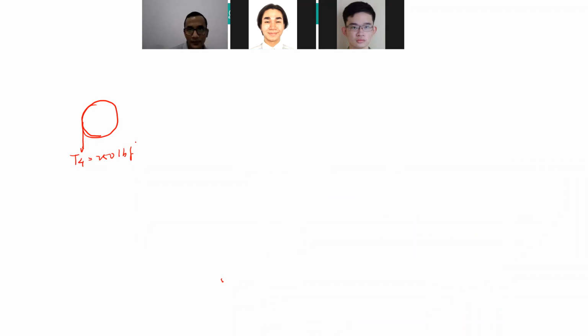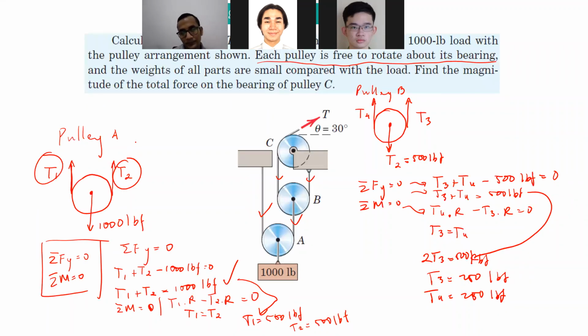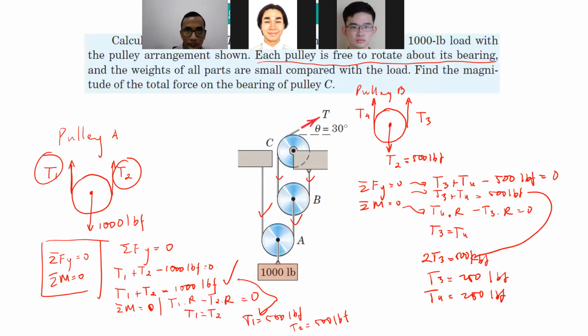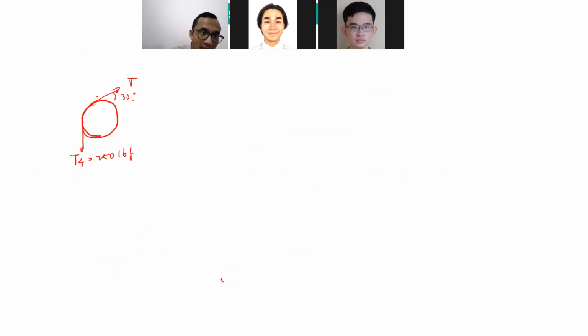What else do we have there? T. It's slanted. Yeah, this is the answer. T is slanted 30 degrees like this. It's not yet known. What else, Mario? Reaction force at C, in the middle.